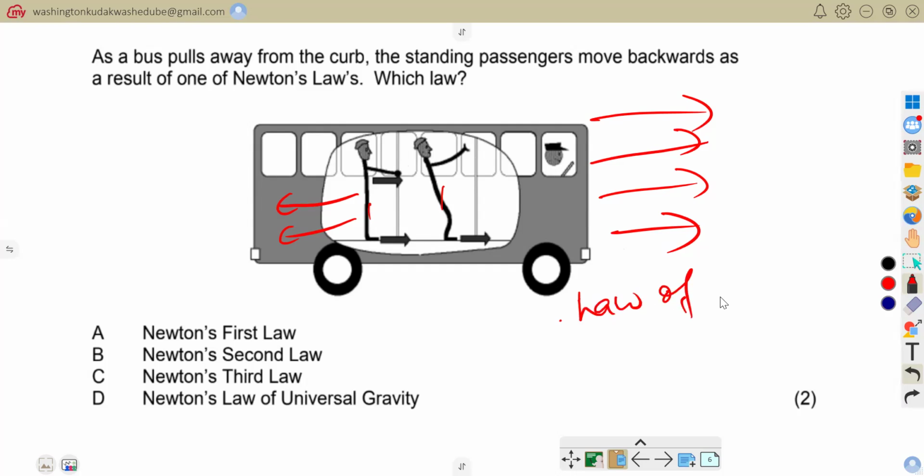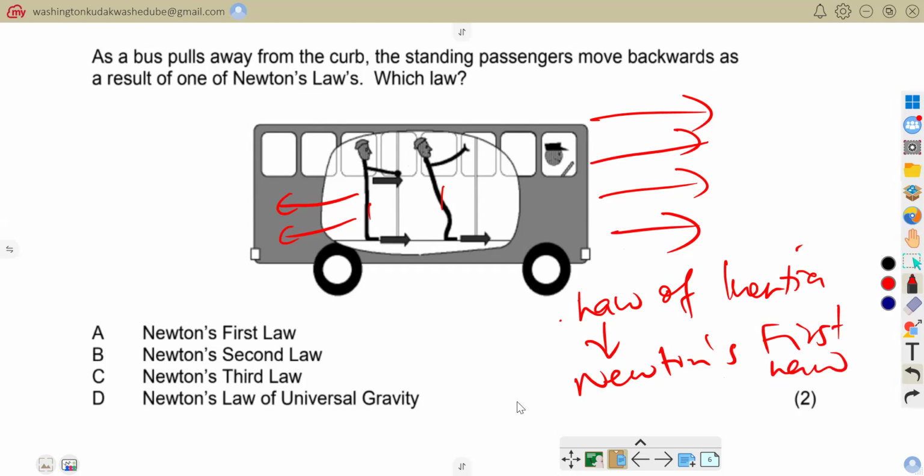The law of inertia, which was Newton's first law. Newton's first law of motion, which states that each and every body will remain at its state of constant motion, or else at its state of rest, unless a net force acts upon it.